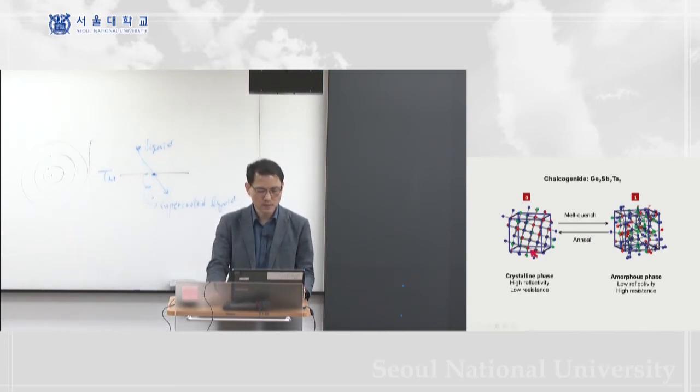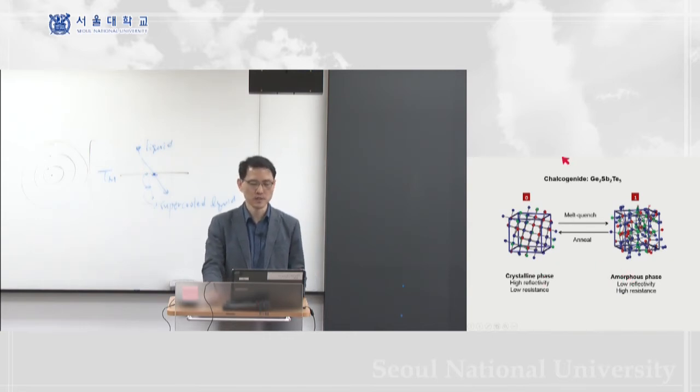In the crystalline phase, like in the rock salt structure, this chalcogenide material has high optical reflectivity and low electrical resistance. On the other hand, in the amorphous structure, it has low reflectivity optically and high resistance electrically. So it has contrasting properties between the crystalline and amorphous phases.